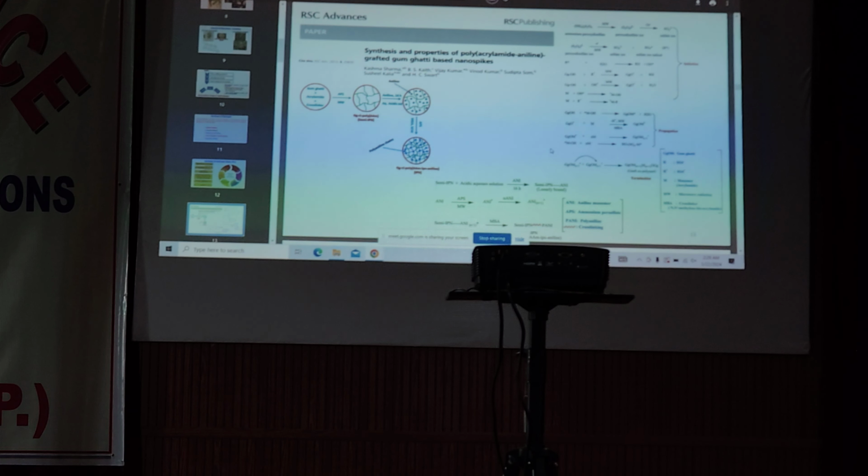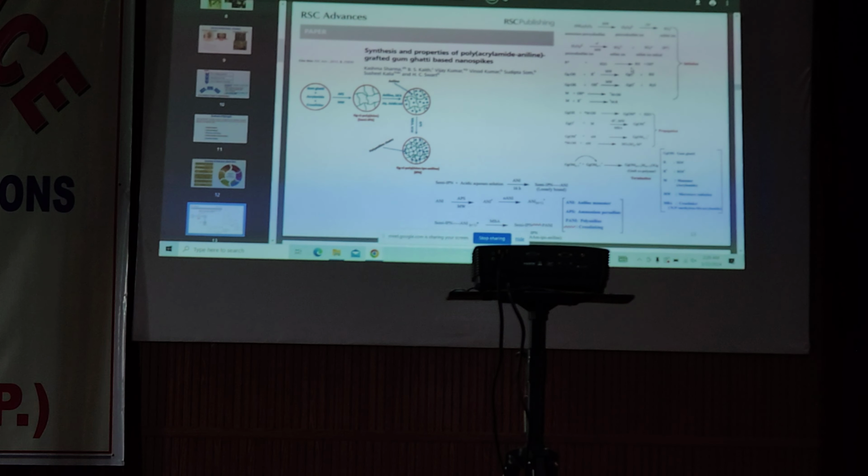So here, as we can see in this particular figure, the initiation is through the breakage of ammonium persulfate, which we have used here as an initiator. It gives us a sulfate ion, and next to it, because we are using water, the water also gets broken down in the presence of it, and you produce the hydroxyl radical.